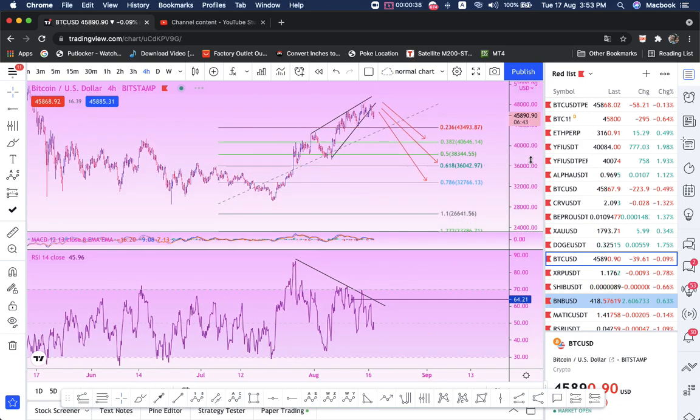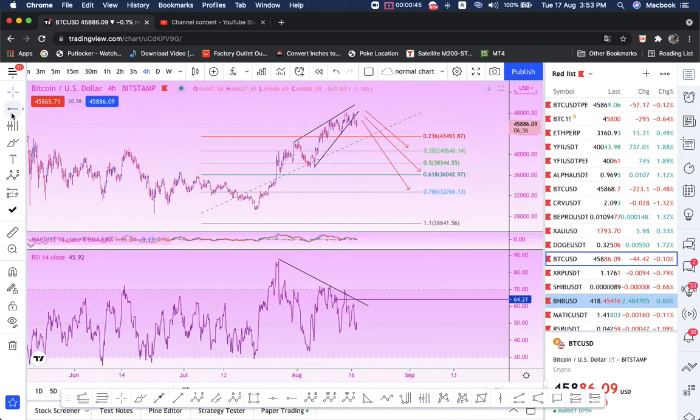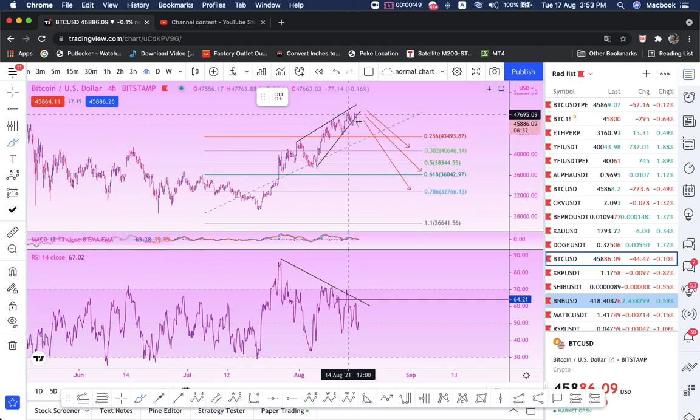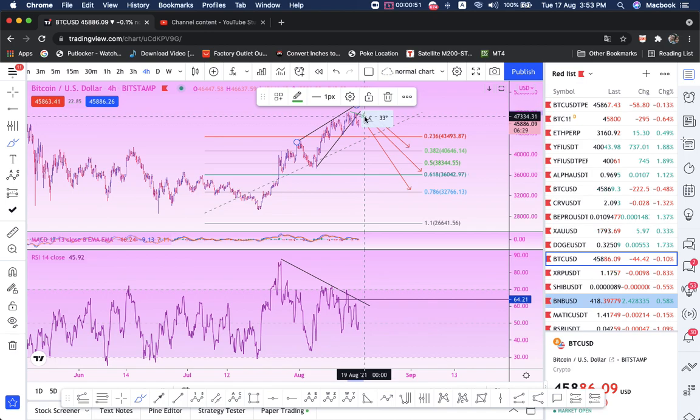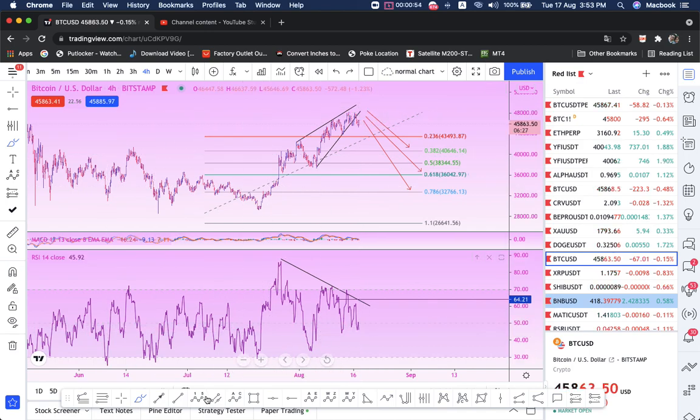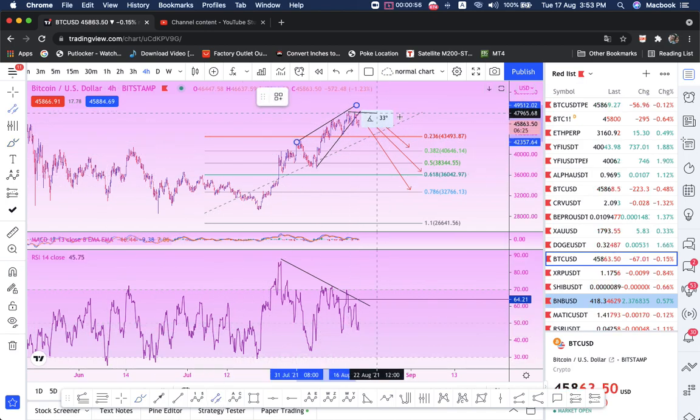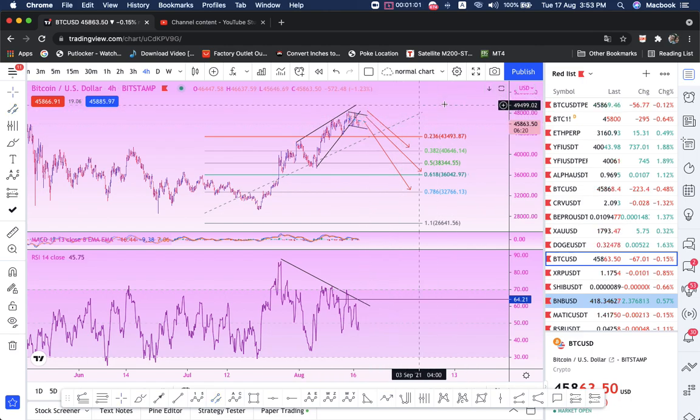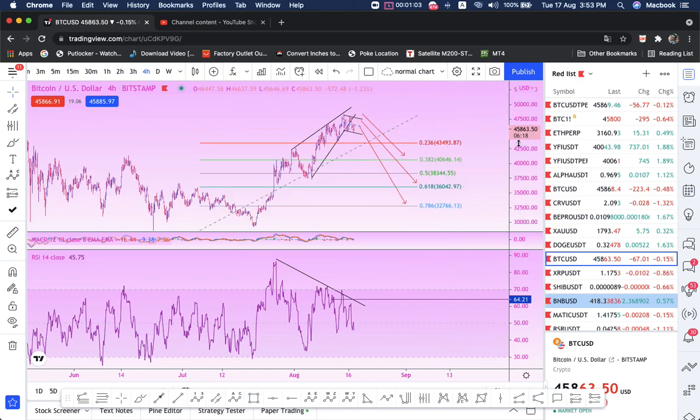I'm not sure how this move is going to do, because if the market wants to turn bullish, then of course this could be some kind of a bull flag just like that, and it might just as well end up being a 1-2 and this is going to be an extended fifth.